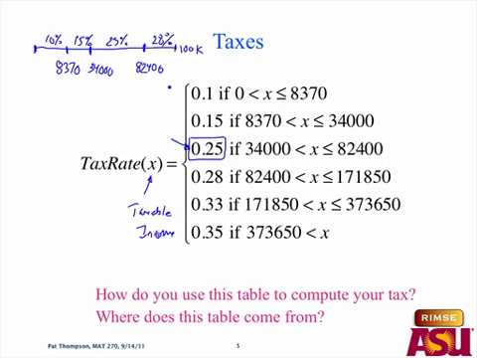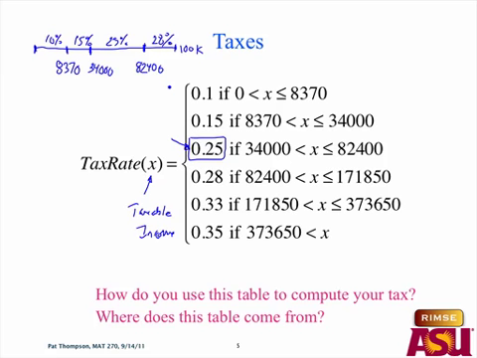Question? I thought that if you made less than like $500 of taxable income, you weren't charged taxes at all. There might be a state variance or something. Yeah, so it would just be a different schedule.